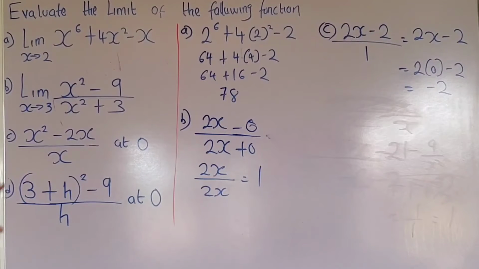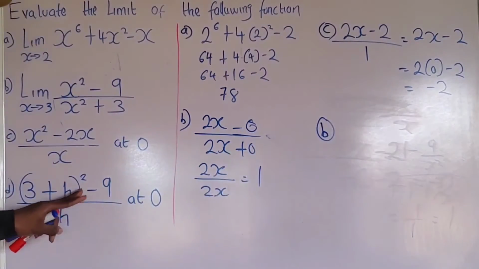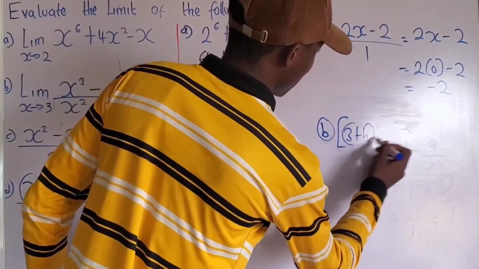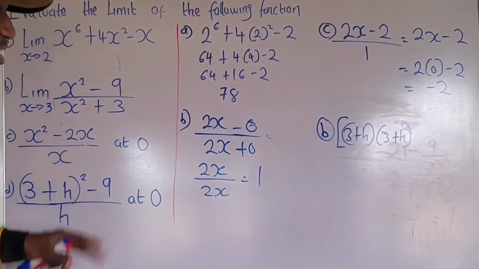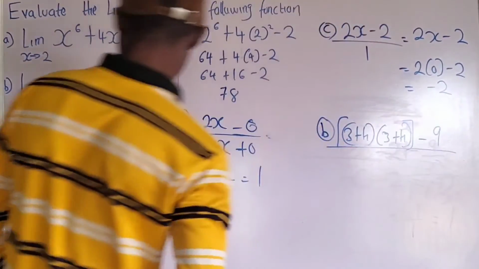Now, dealing with this question, the first step, if you want to use L'Hospital rule, let us first expand. You understand? So if you want to expand, I'm going to have 3 plus h squared can be written as 3 plus h multiplied by 3 plus h. Then you can put this negative 9 minus 9, this all over h.